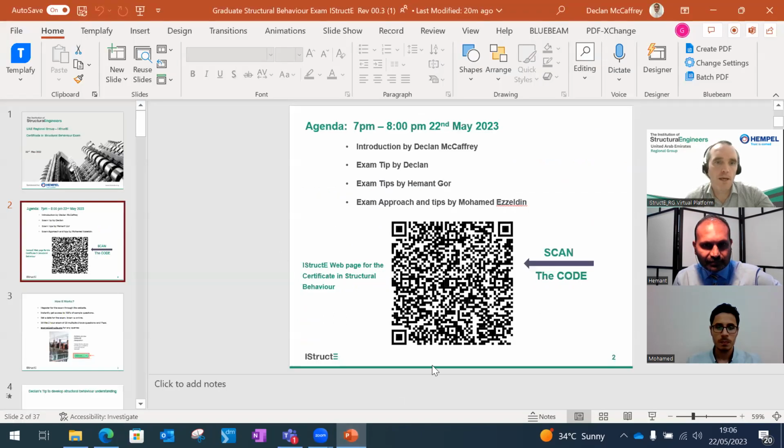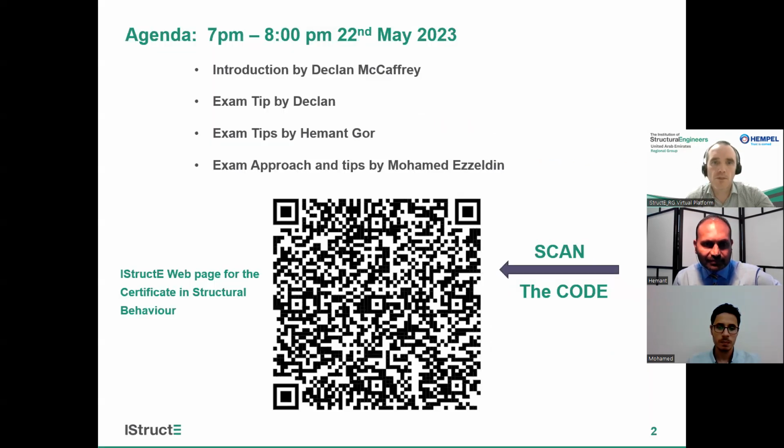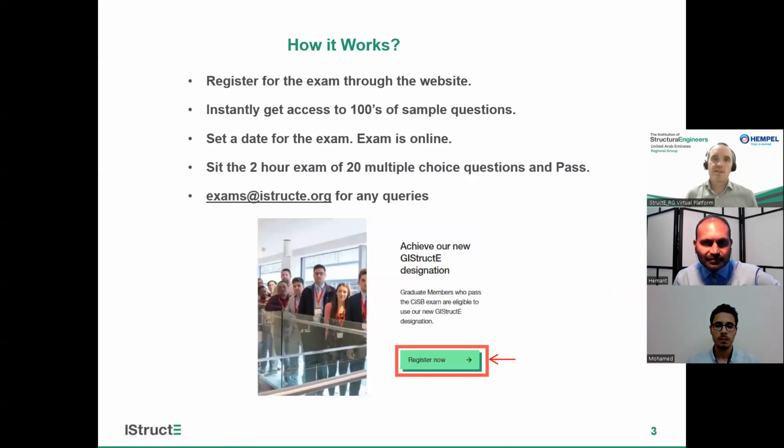So if we just go back to the PowerPoint presentation. How it works is basically you register for the exam through the website I've just shown you. You can keep an eye out for this register now button. When you register, you don't actually have to decide a date that you want to take the exam. You just register for the exam.